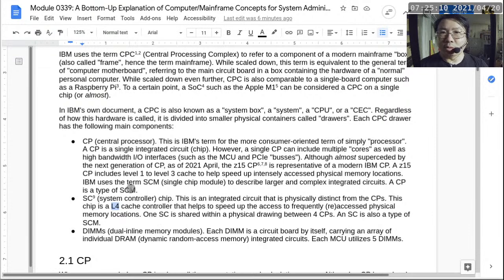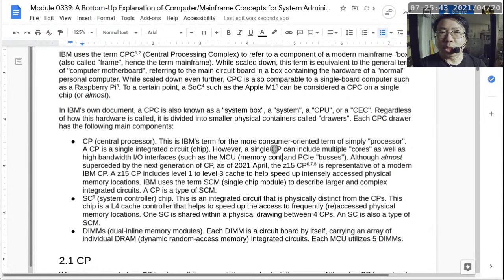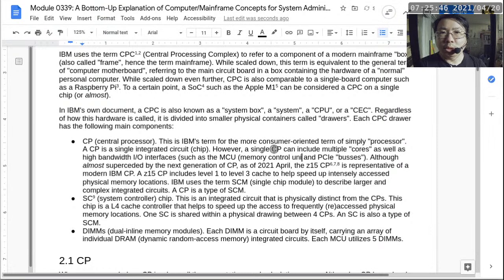And then inside each drawer, we also have DIMMs. DIMM stands for Dual Inline Memory Module, which basically just refers to the design of the circuit board itself. So each DIMM is a circuit board, and it carries an array of individual DRAM integrated circuits. And each MCU, which is a component inside a central processor because it's first mentioned here, an MCU is a memory control unit.